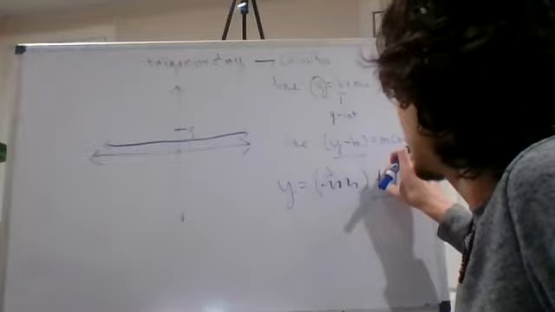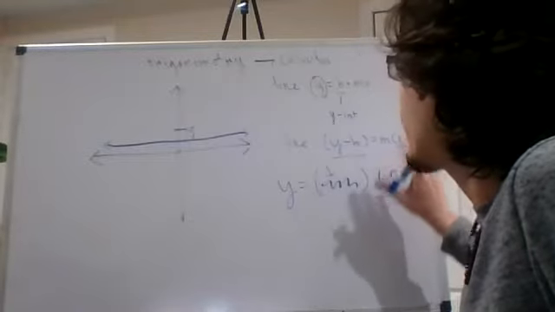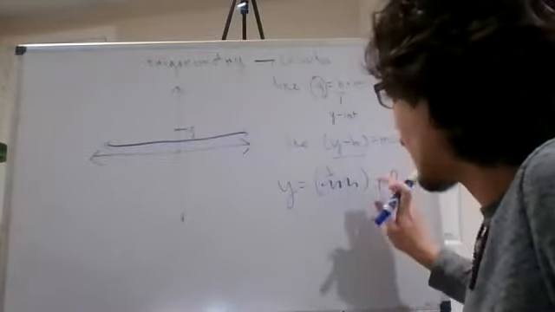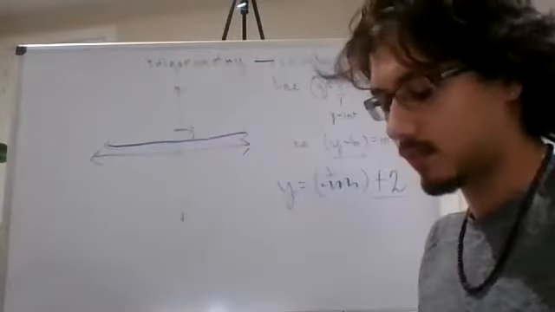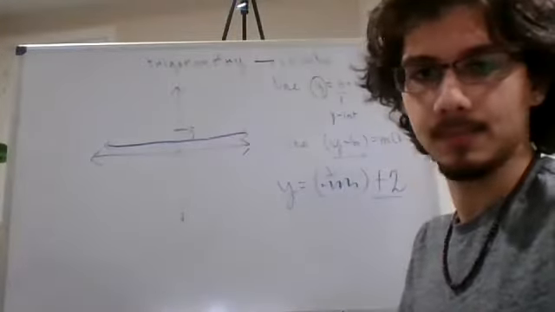And that you can still move this up and down by adding and subtracting it to move whatever this function will be up and down on the graph. Does that make sense?